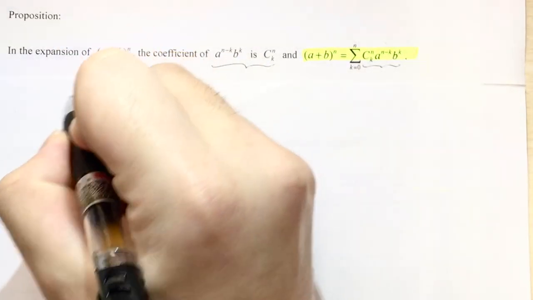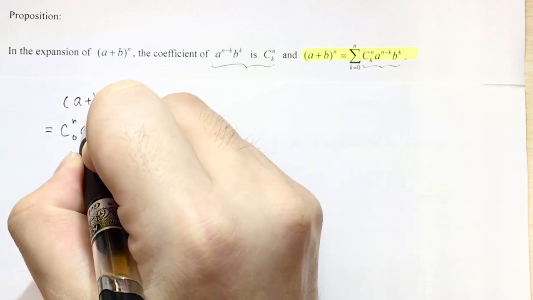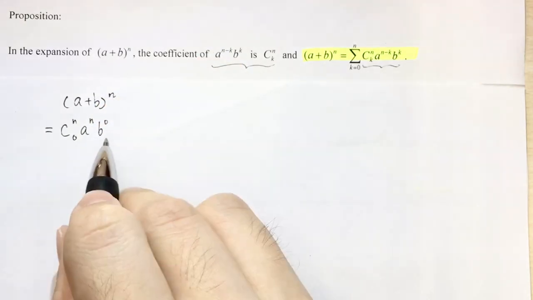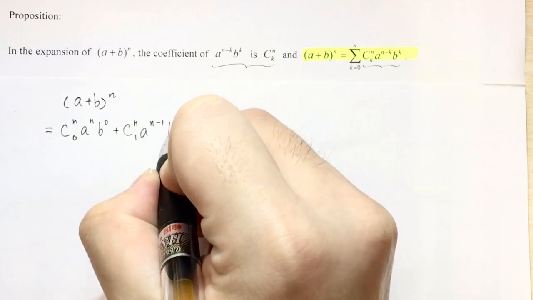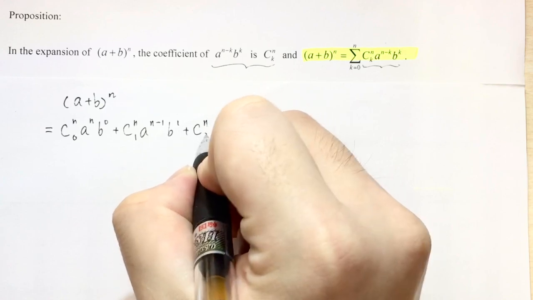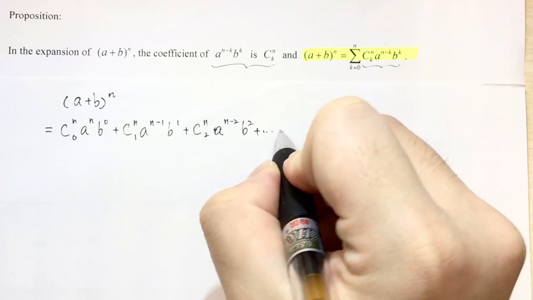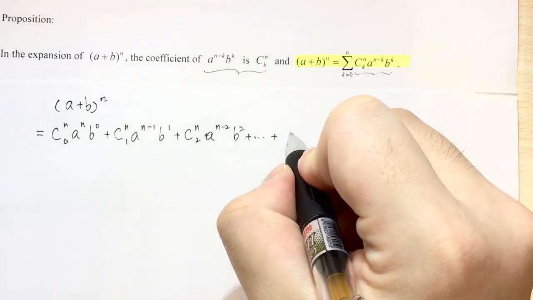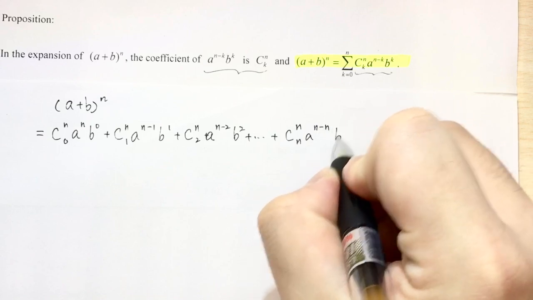So in this, (a plus b) to the power of n is actually nC0 a to the power of n minus 0, I don't write the 0th power for a, b to the 0, plus nC1 a to the power of n minus 1 b to the 1, plus nC2 a to the power of n minus 2 b squared, and so on, until k is n. So at last we have nCn a to the power of n minus n b to the power of n.